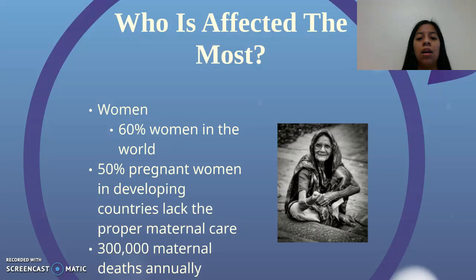What that means is that 50% of women who are pregnant don't have the proper care in order to have a good pregnancy process. And actually, 300,000 maternity deaths are caused annually because they don't have that proper nutrition or those proper materials that they need in order to take care of themselves and obviously their child.